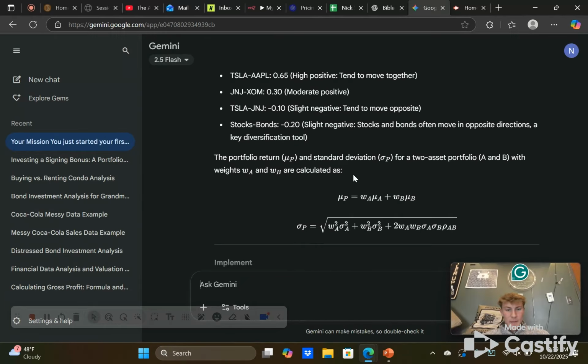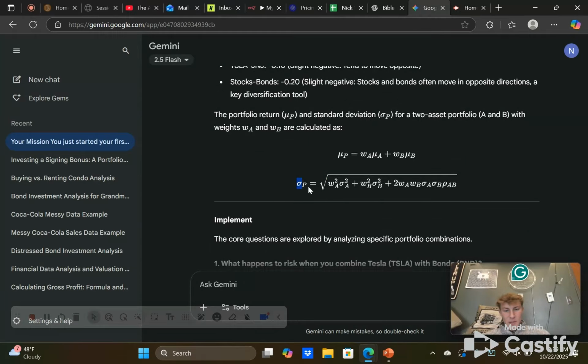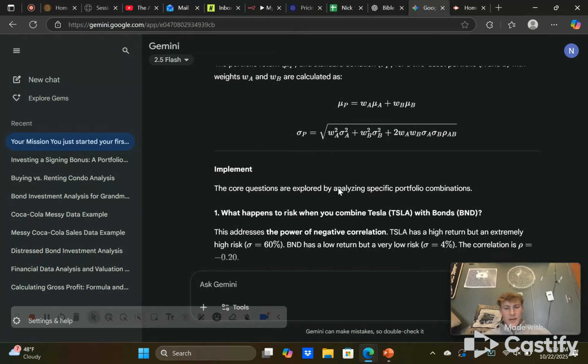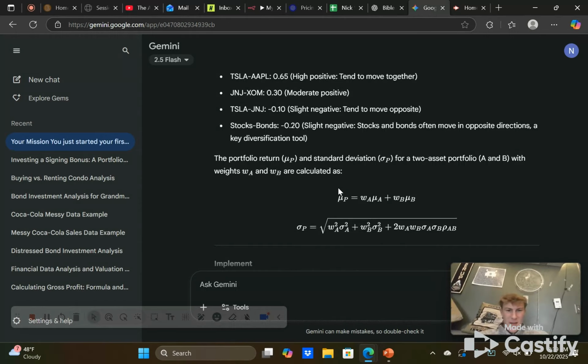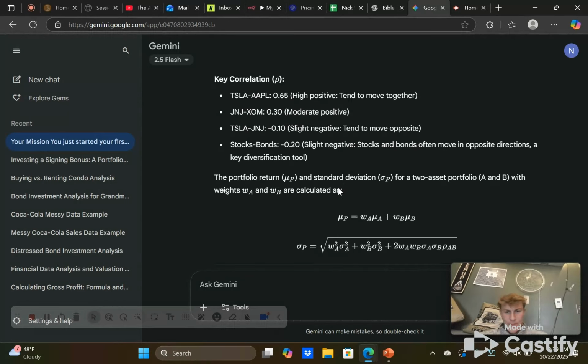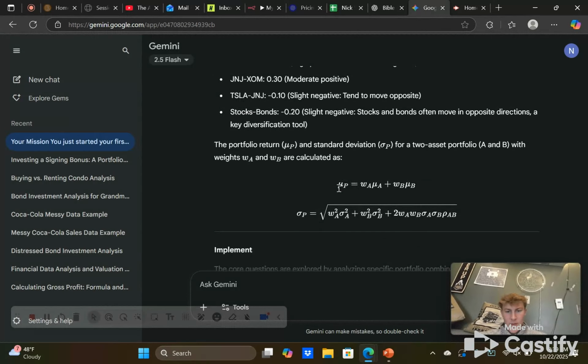We have this equation right here, where WA is kind of our weight.